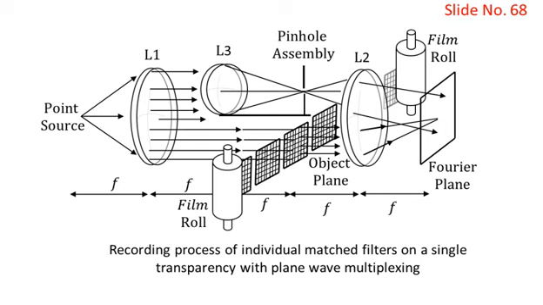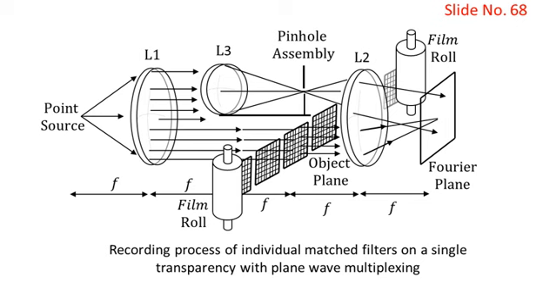But look, the lens L3 and the pinhole assembly are mounted together on a single stage, and this stage can be moved up and down. L3 and the pinhole assembly are moved together in such a way that L3 will receive the plane wave from the lens L1.